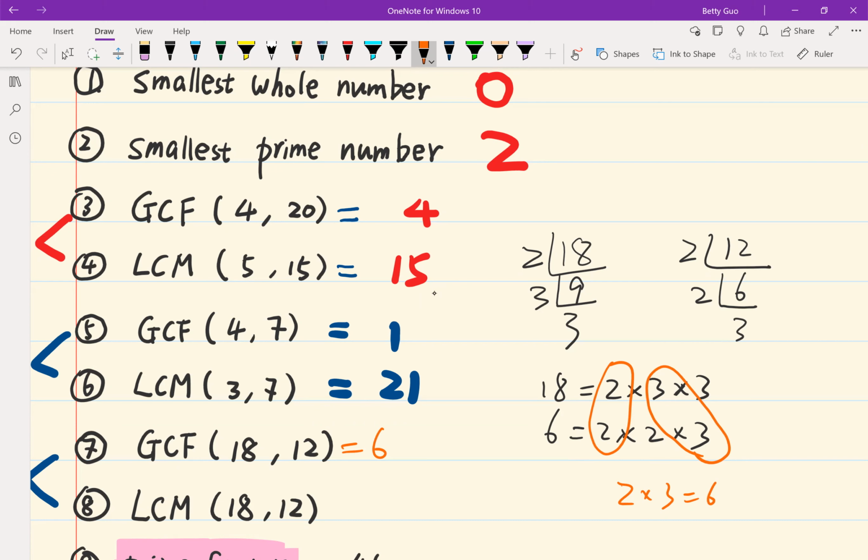Would you like to apply the 3-step procedure to figure it out? You prime factor both, right? And then you bubble the common prime factors. And then you multiply all the common prime factors together. Am I clear on that? Repetition makes perfect.